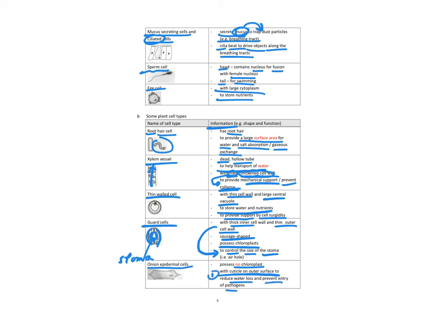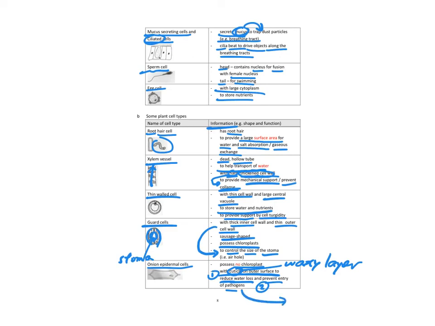So one, to reduce water loss, the cuticle is what we call a waxy layer. And you can understand why this waxy layer can reduce water loss. It can also serve to prevent entry of pathogens.